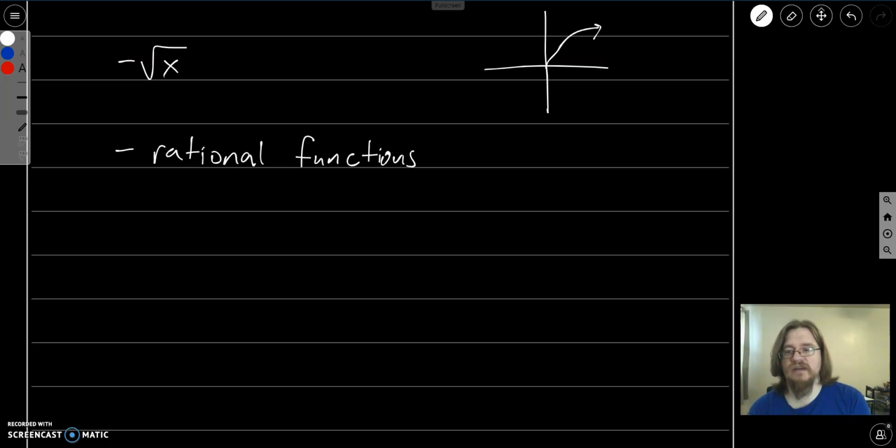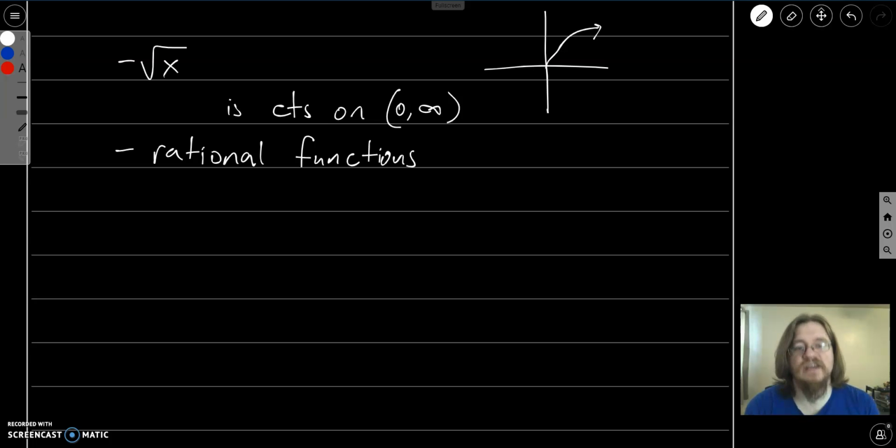So again, the square root of x is continuous on 0 to infinity, because this is again just a nice smooth function.